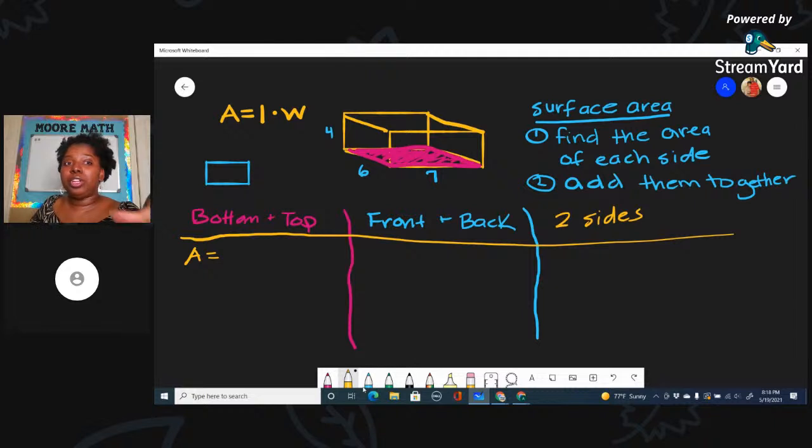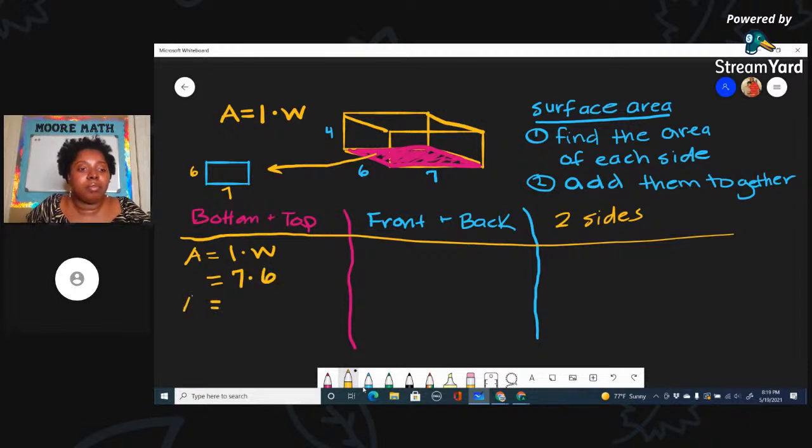Here in the pink, I'm just pulling this rectangle over here. So this is your bottom. My area is my length times my width. So what two numbers am I multiplying? 7 and 6. Good. So what is 7 times 6? 42. Excellent.